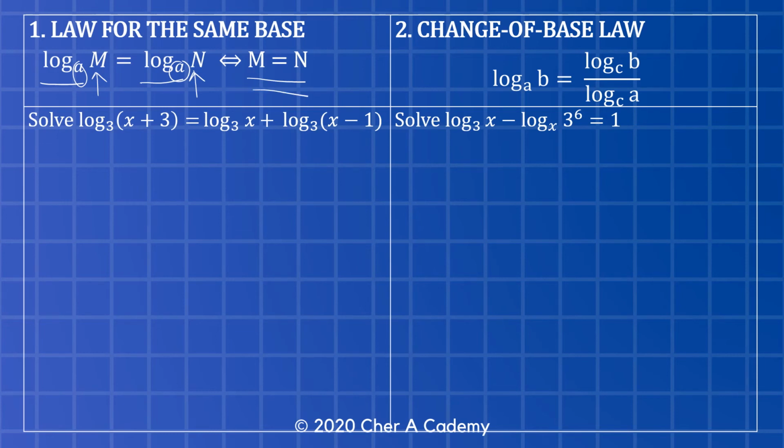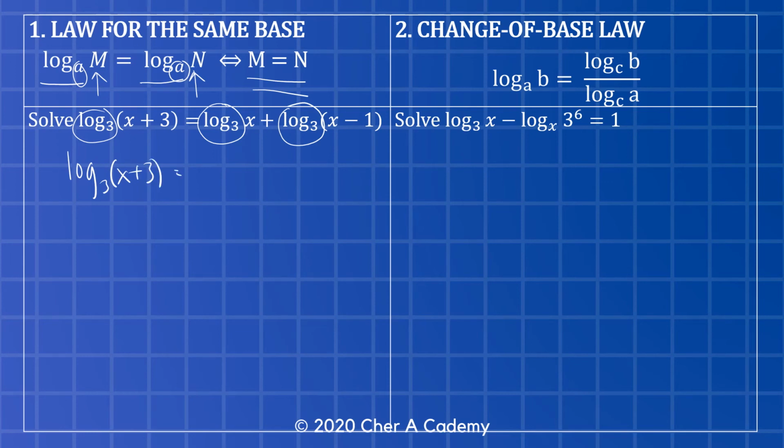Let's look at the question. So solve log base 3 of (x plus 3) equals log base 3 of x plus log base 3 of (x minus 1). So I have all logs with the same base here, so I can make use of the law for the same base. Okay, so I'll write this down first.